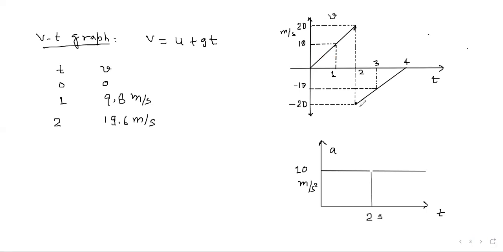So the initial velocity will be the same 19.6 meters per second, but it will decrease. At the third second, meaning 1 second from the point of rebounding, its velocity will be 19.6 minus 9.8 into 1, so it will become 9.8.